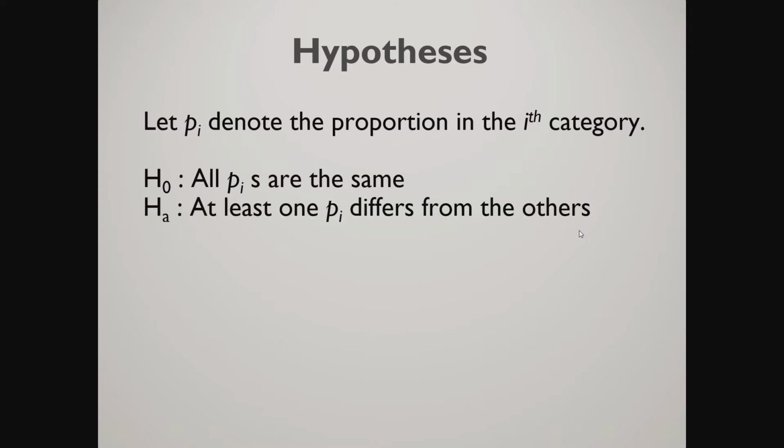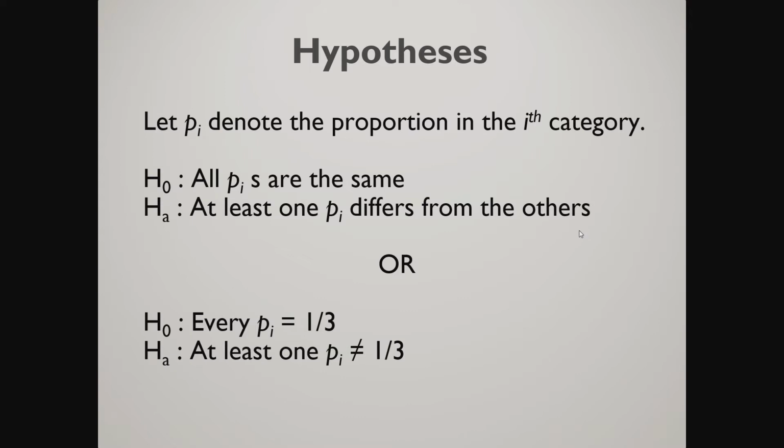And then the alternative is that at least one proportion differs from the others. Another way to say that is that we have 1/3 of the values in each category in this case. This is specific to our current rock paper scissors scenario. This is more general.